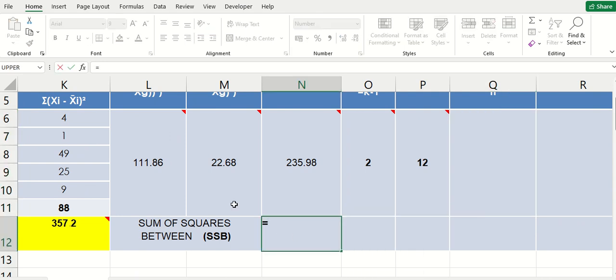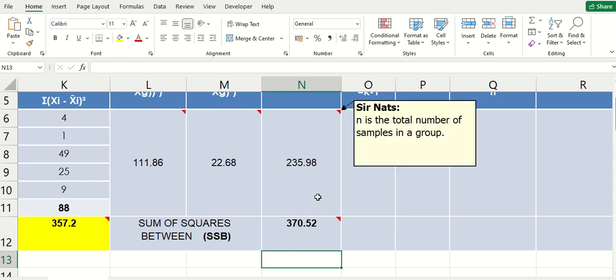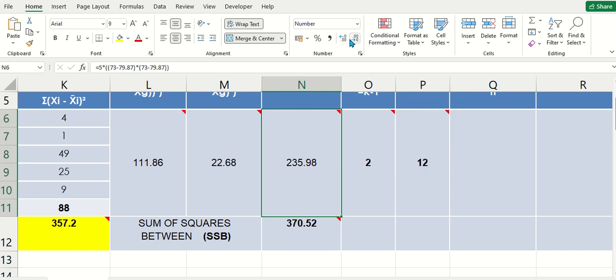To get that, just add the 3 sums of squares between. So 111.86 plus 22.68 plus 235.98. You have 370.52. Let me just check this one if there's no more value. Oh, 98.